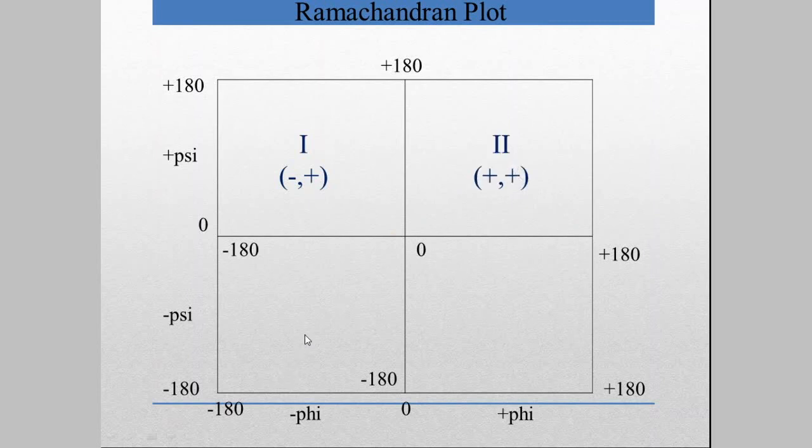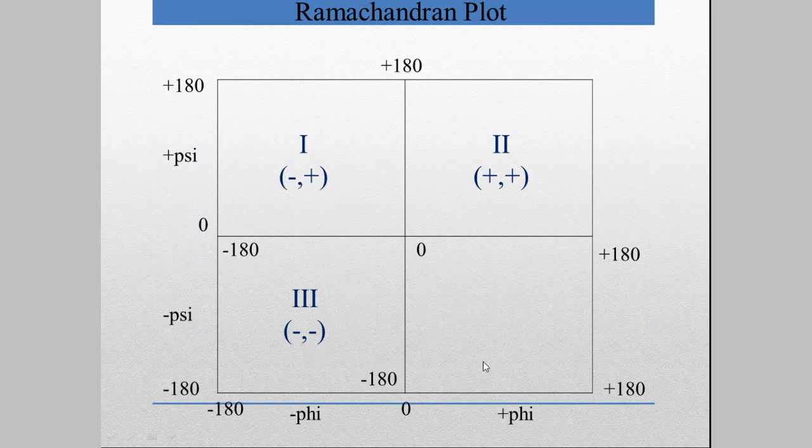Now for your third quadrant, what will it be? It's easy to guess now. Your third quadrant is minus and minus, because you have your phi as negative and your psi as negative. These are your degrees of rotation, by the way, the negative degree of rotation, positive degrees.